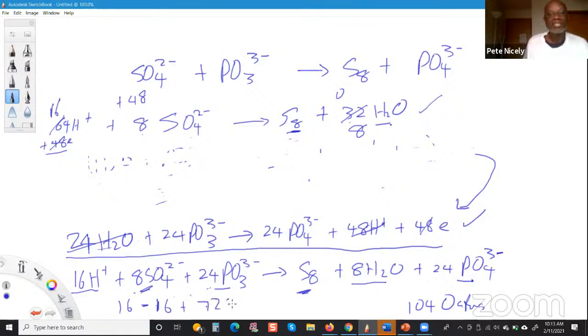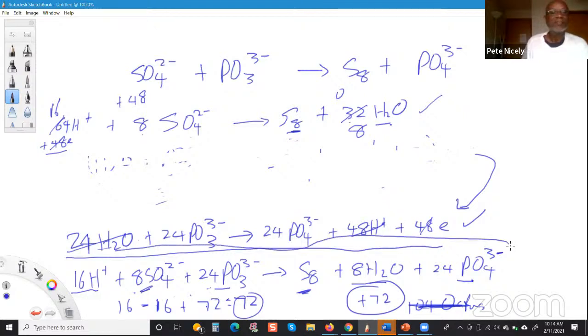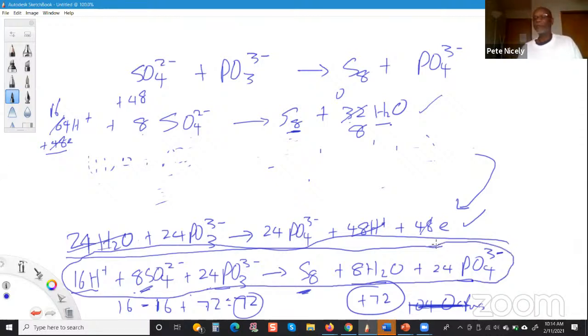So 72. I'm sorry, that gives you a total of 72 plus charges. And in this case here, we have 24 times minus 3, so that's minus 72 charges. So the charges are balanced as well. So this equation here is going to be the final balanced equation for this reaction. Okay, any questions about this particular example? Any questions?